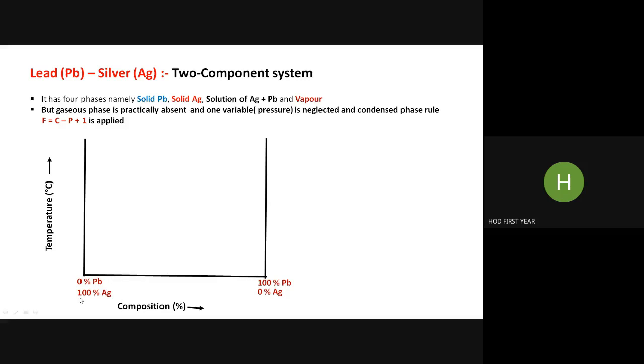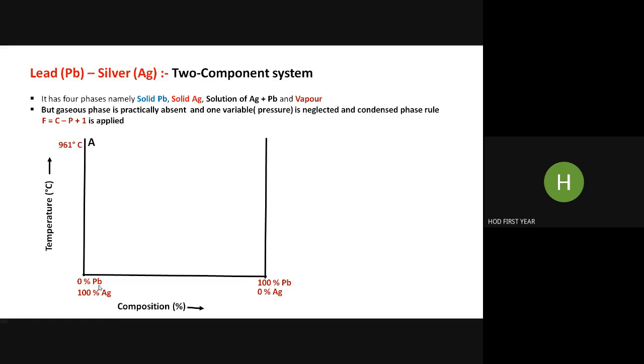Let us see the first experiment. We have 100% silver and we will be adding lead into it. So we will start at point A. Here at this point we have 100% silver, and 961 is the melting point of pure silver. So I have this molten silver.